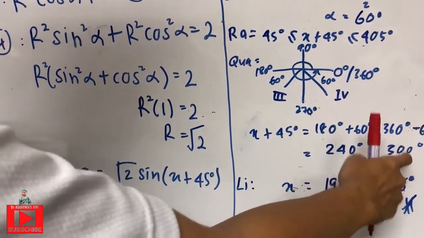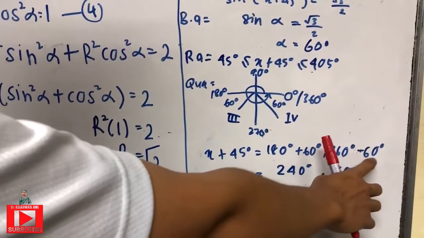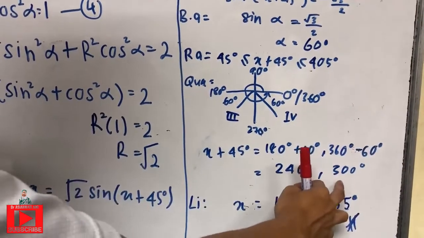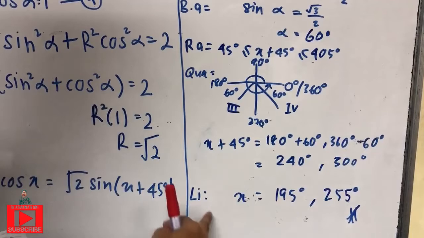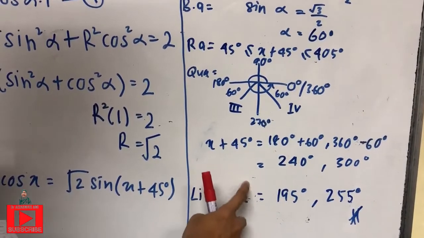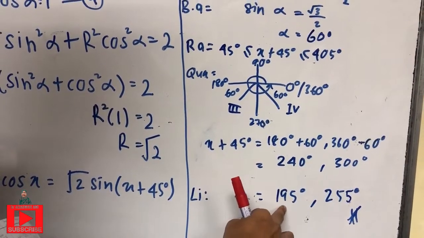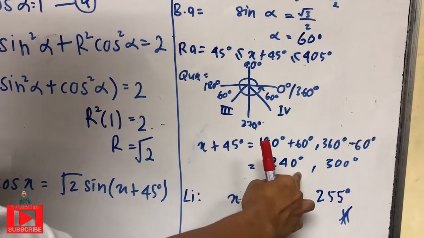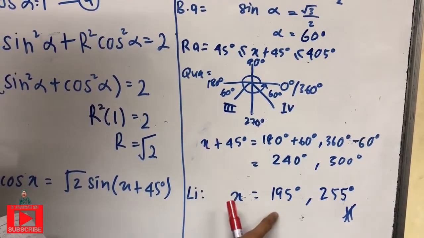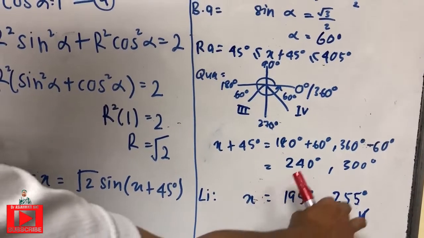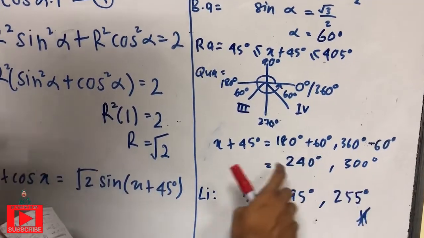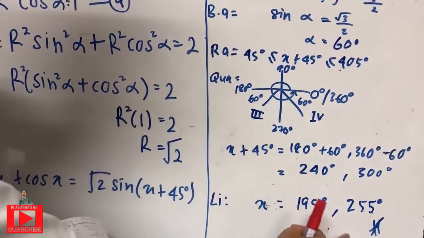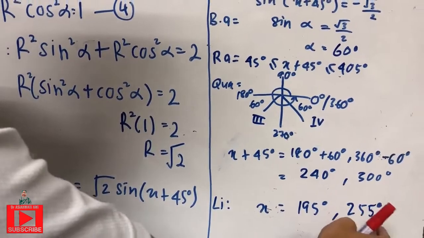And then the second one 360 degree minus 60 degree, kita akan dapat 300 degree. Untuk carikan dia punya x, 240 degree minus 45 degree, kita akan dapat 195 degree. And then 300 degree tadi kita minus dengan 45 degree, kita akan dapat 255 degree. Ini dia punya final answer.